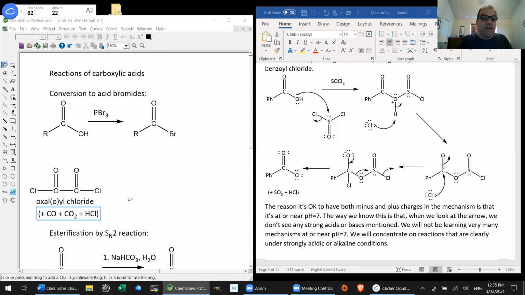Anyway, oxalic acid is the smallest of the dicarboxylic acids. And you might have heard of oxalic acid. Oxalic acid is the bad actor and the reason why we can't eat rhubarb leaves. Rhubarb leaves are highly toxic because they have a lot of oxalic acid, not oxalyl chloride, but oxalic acid in them. And so that's why you can only eat rhubarb stalks, but not rhubarb leaves. So if someone in your family is making the strawberry rhubarb pie, I highly recommend it.